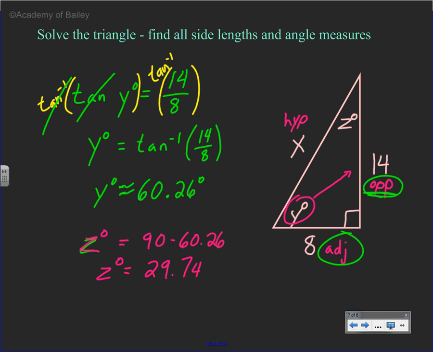And z should be 29.74 degrees. So we know both angles and the right angle, so we know all three angles. We know two sides, so now we need to calculate the third side.